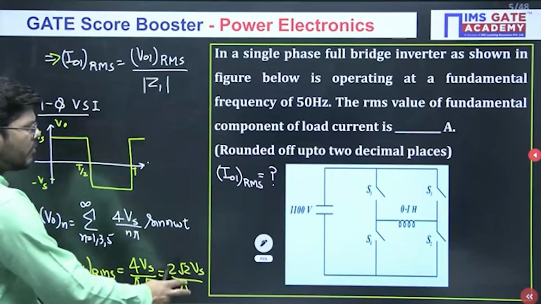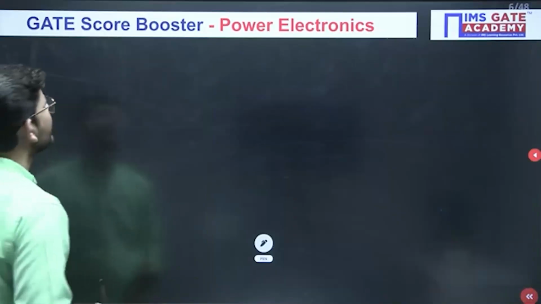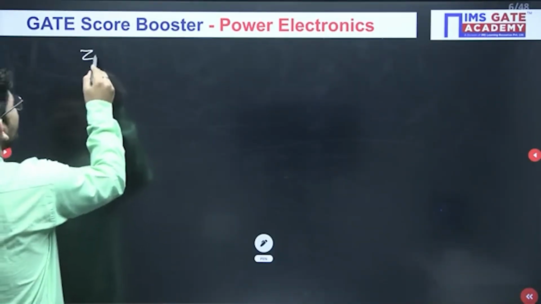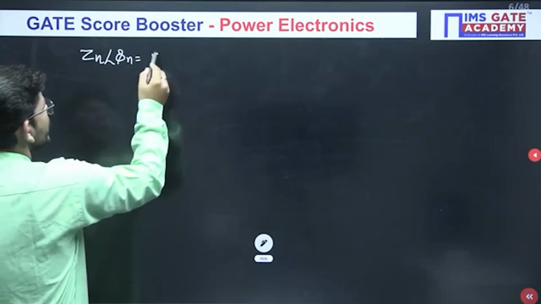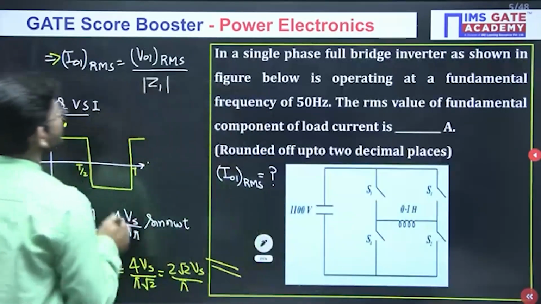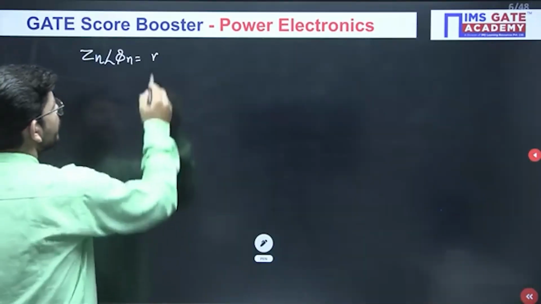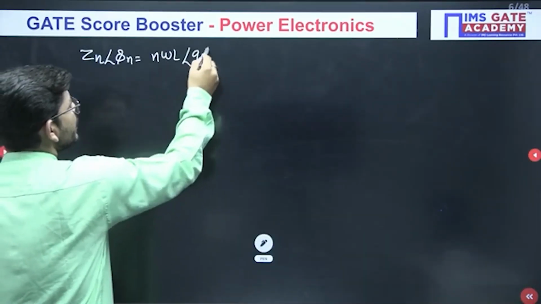Now, after that, we have to find the impedance as well. So, normally, how do we write the impedance? Zn angle phi n. On the side of impedance, we have only the inductance here. So it will be simply n omega L, and for inductance, the angle will be 90 degrees.